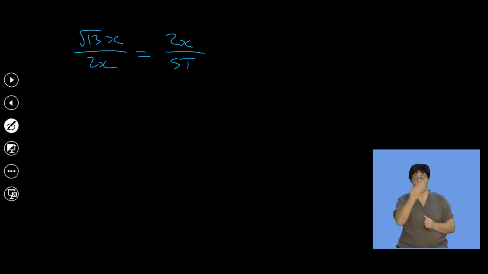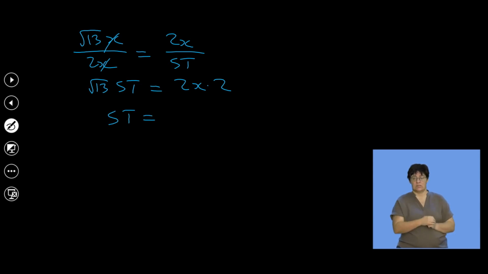So if I solve this, then I know that I will find the x, and the x can always divide each other, right? Then I will be left with square root of 13 ST is equal to 2x multiplied by the 2, right? Which is 4, and therefore if I solve for ST, you divide both sides by square root of 13, right? So this will be 4x over square root of 13.